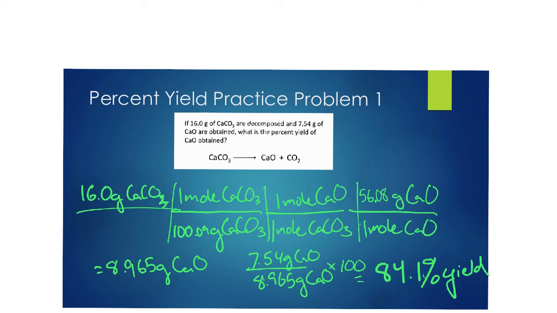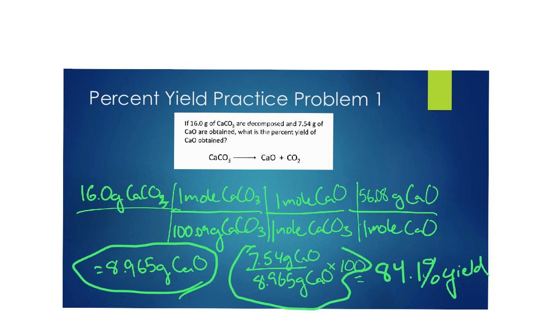Based off of the math, I got the theoretical yield to be 8.965. Plug that into the percent yield equation right here to get an 84.1% yield.